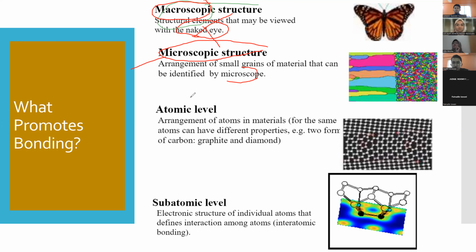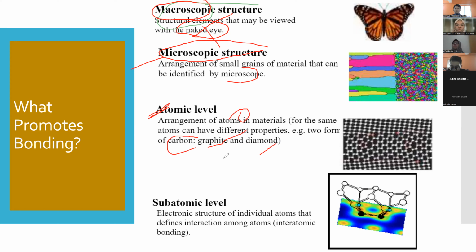If we think about that, we talk about the atomic level. The atomic level is the arrangement of atoms in a material. Atoms can make different arrangements, like graphite and diamond. The atom is carbon, but this carbon makes an arrangement and becomes graphite, or becomes diamond.